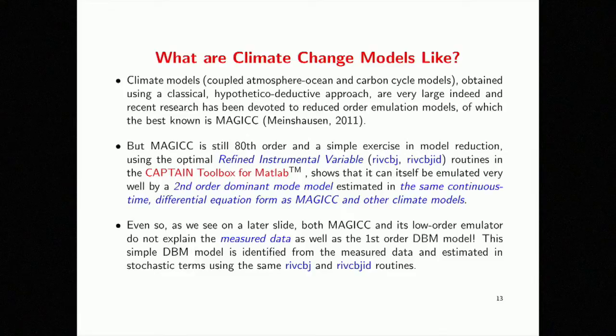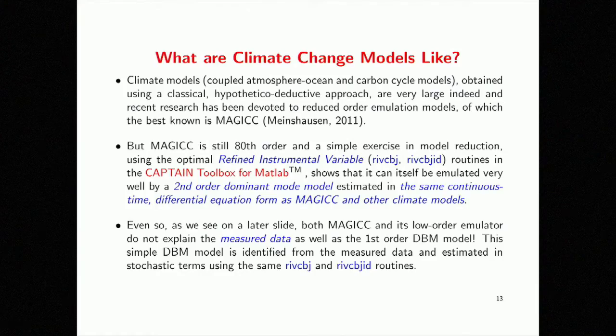Now, these models, the climate models that you hear about, are enormous. You cannot believe how big these are. So even the climate modelers realize they're too big to do much with. So they have built a number of emulation models, but the most famous is MAGIC. And the reference is there. But it's 80th order. Right?